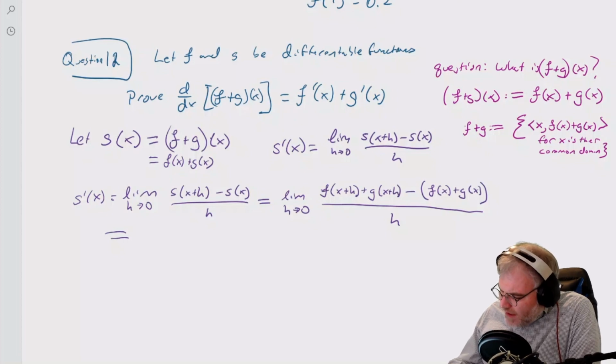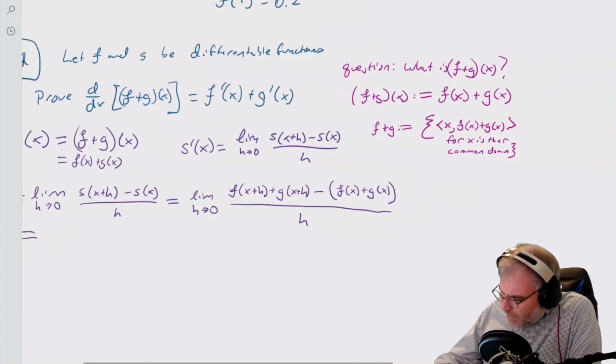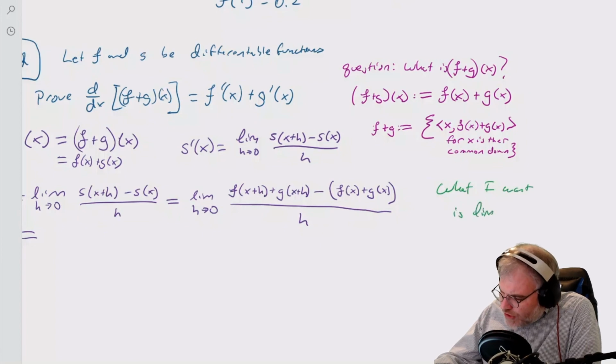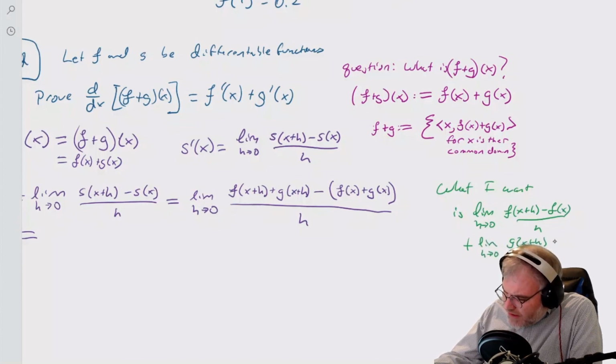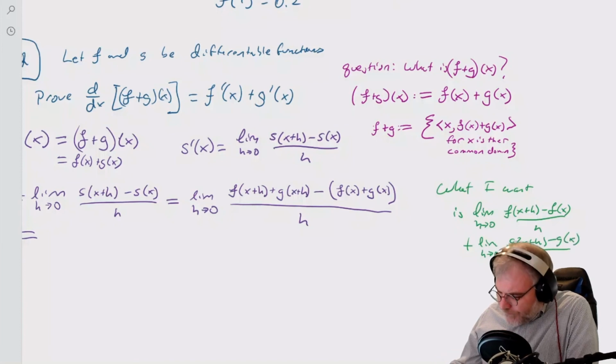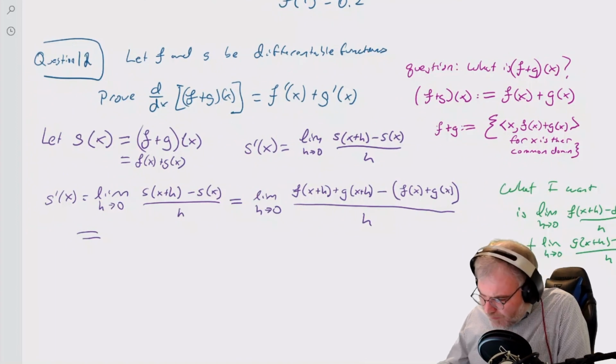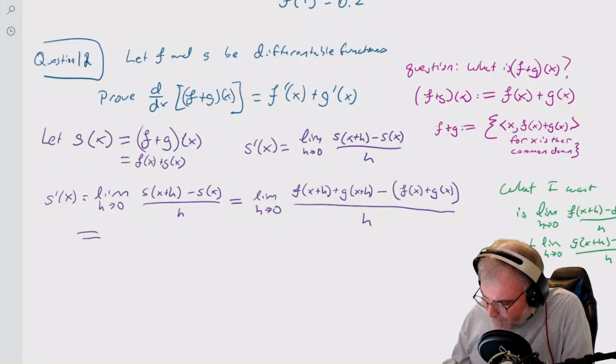What I want at the end is the limit as H goes to 0 of F of X plus H minus F of X all over H, plus the limit as H goes to 0 of G of X plus H minus G of X all over H. So I'm going to break this up with the sum law. The first thing I'm going to do is expand that because that's just annoying.